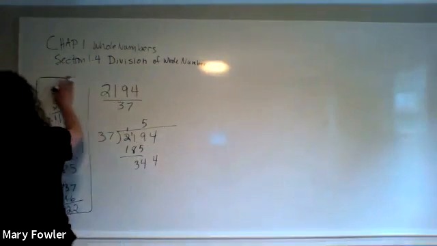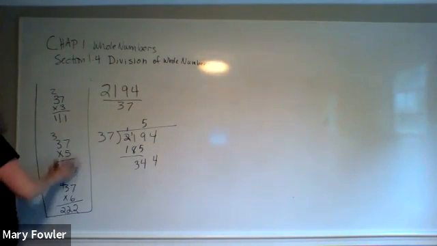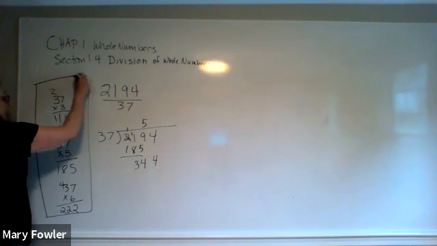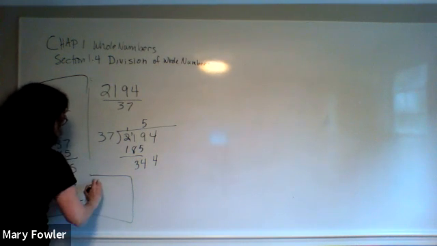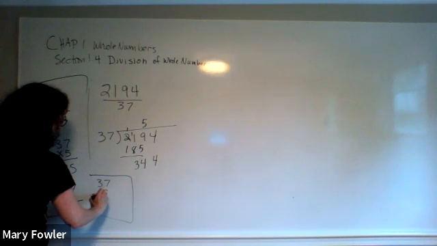And I really would like to keep all of my 37 stuff. Well, how about we put it over here in the same little scratch box. So 37 times 9.